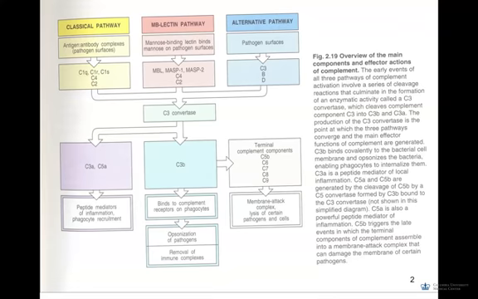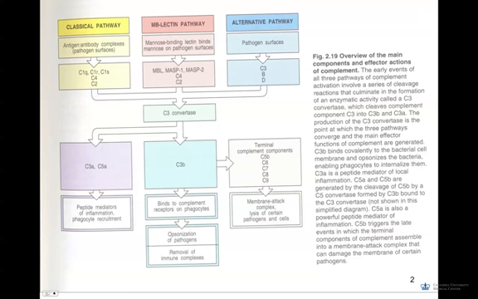Now, all three of these pathways are different ways of activating the system, but those three mechanisms converge on the activation of a key complement protein called C3 convertase.